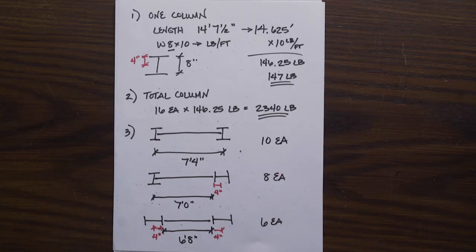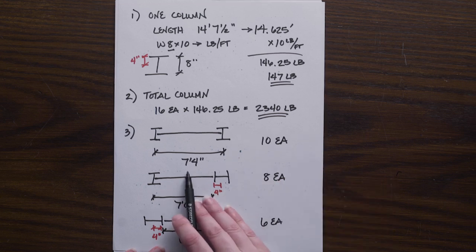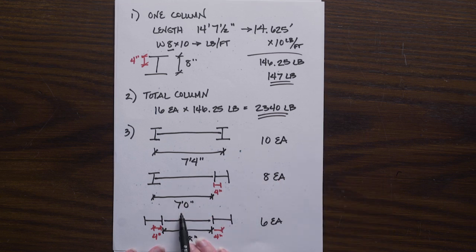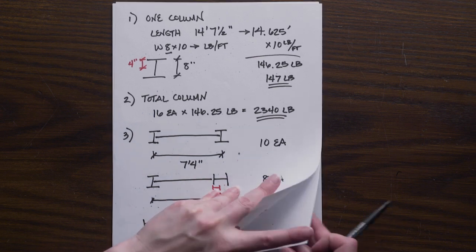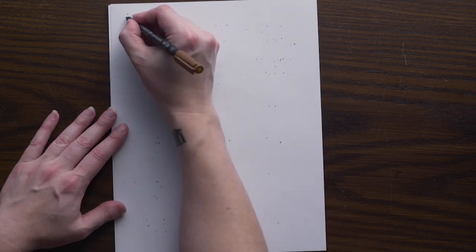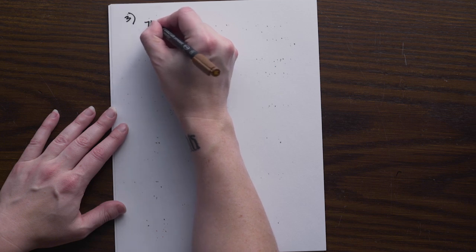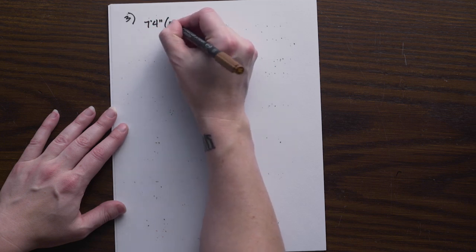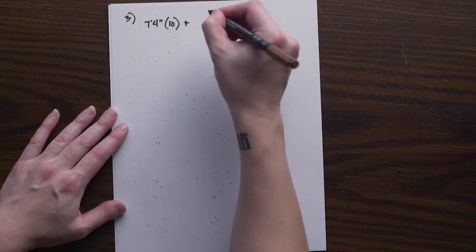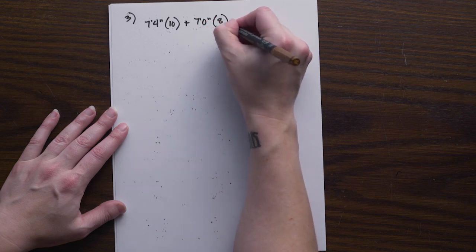So at this point, we just calculate an average. We're looking at 10 of them at 7'4", 8 at 7 foot, and 6 at 6'8". If we do that math, this is still part of number 3. We have 7'4", 10 of those. We have our 7 foot, 8 of those.